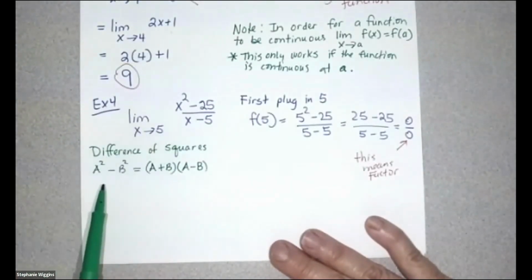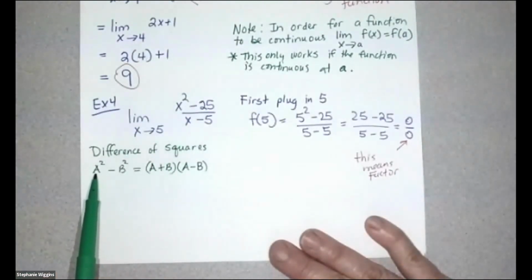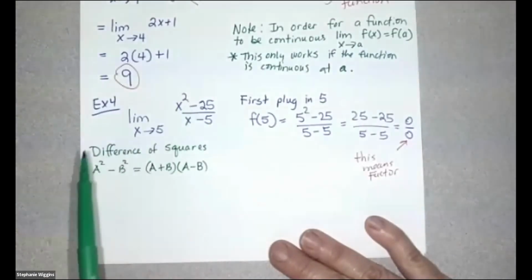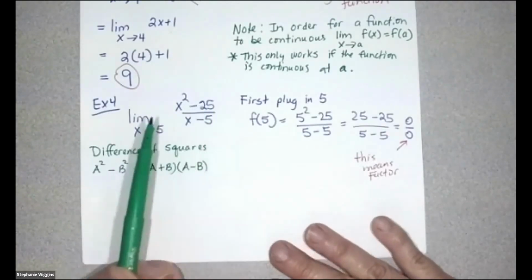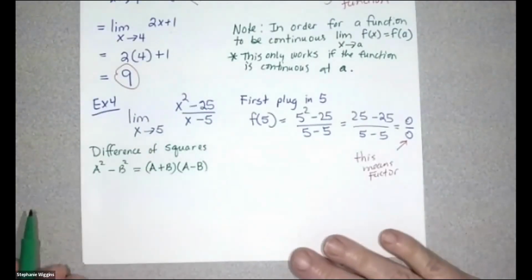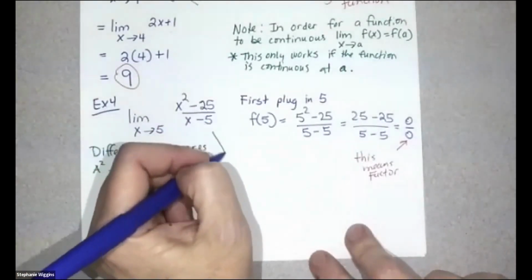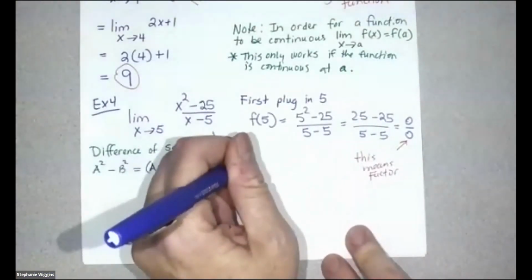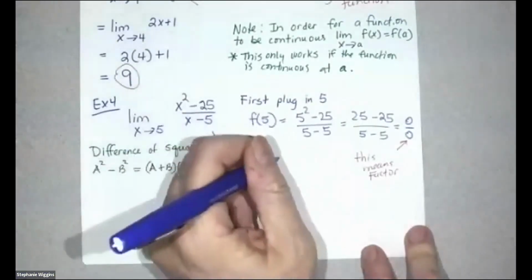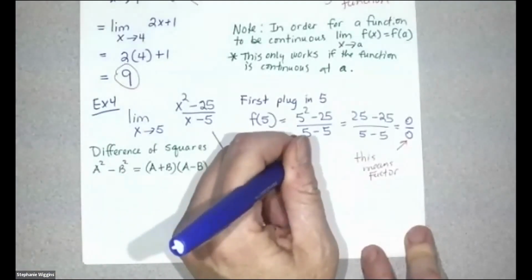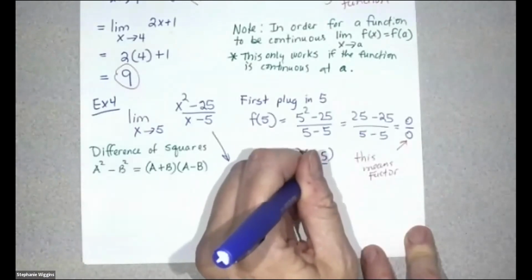So in our particular example, the x corresponds to the a. So instead of a squared, we have x squared. And the b corresponds to 5 because 5 squared is 25. So using this model, this is going to be the limit as x approaches 5 of x plus 5 times x minus 5 divided by x minus 5.